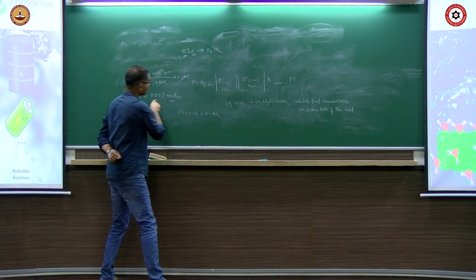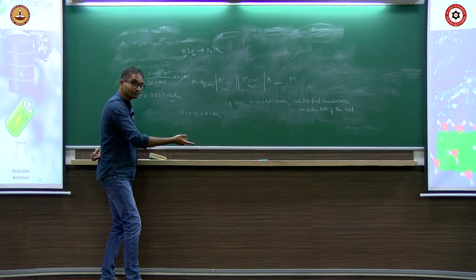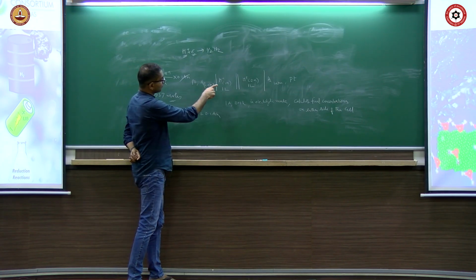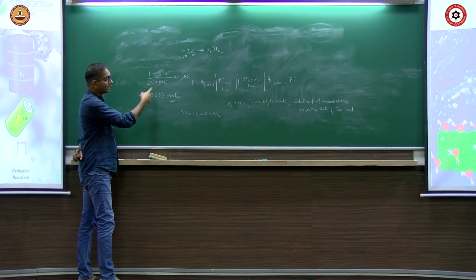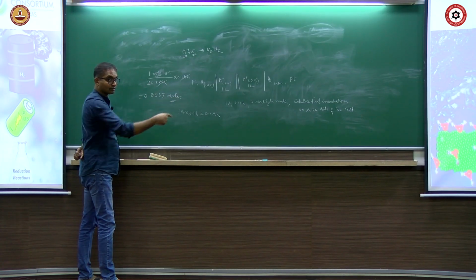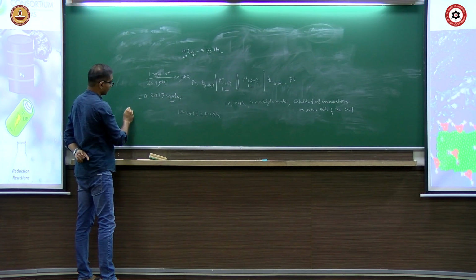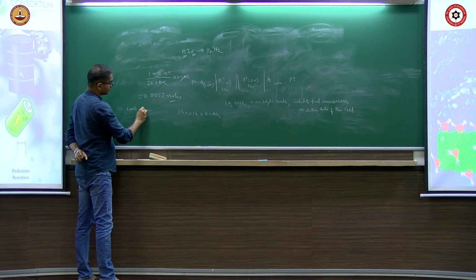That means this many moles of proton might be consumed. So 1 into 1 is 1 mole. From 1 mole you subtract this many moles. That is what is present in 1 liter. So what is the concentration then? 1 mole minus 0.0037.